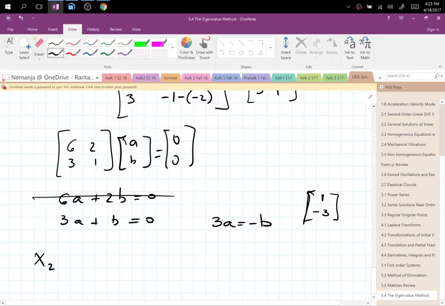So the x2 solution is going to be 1, negative 3, e to the negative 2t. Right, lambda is negative 2.